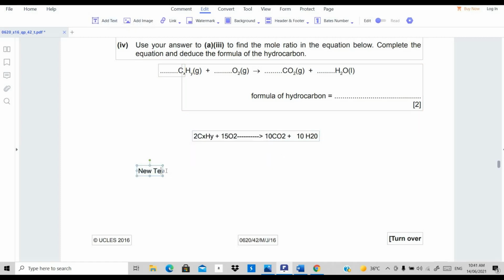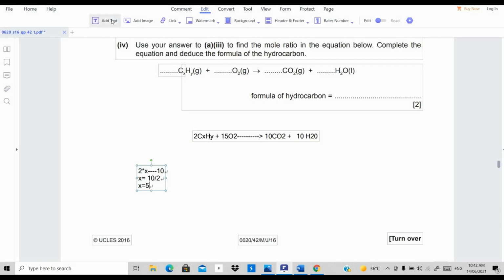This 2 will multiply with this x, and it will give us 10. This means x equals 10 divided by 2, which gives us x equals 5. This is the value of x.